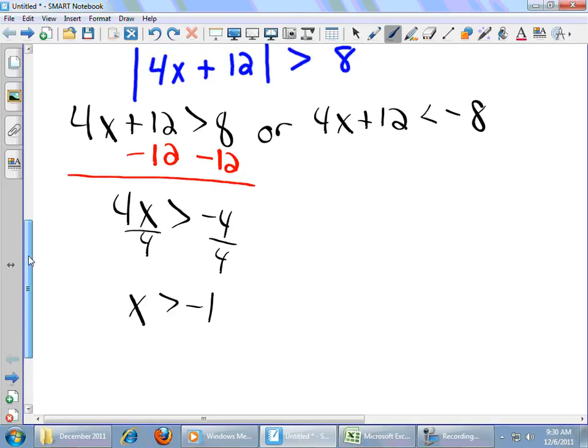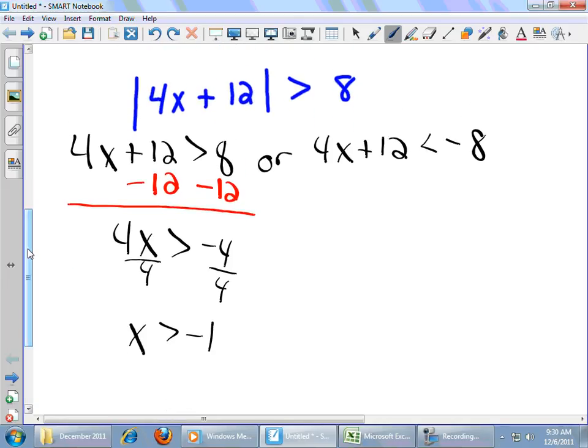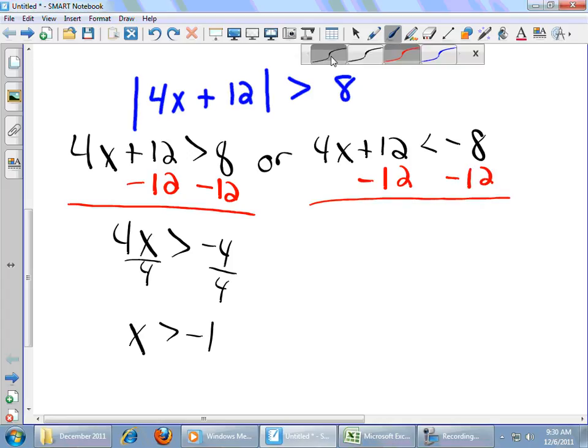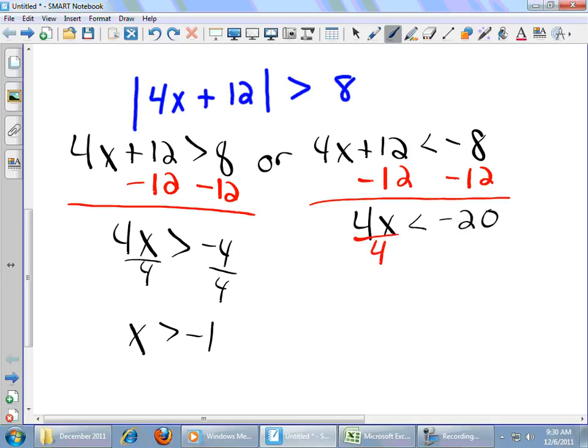Notice the inequality did not flip because I did not multiply or divide by a negative. On this one, I'll subtract 12. 4x is less than negative 20. Dividing by 4 gives me the solution that x is less than negative 5.